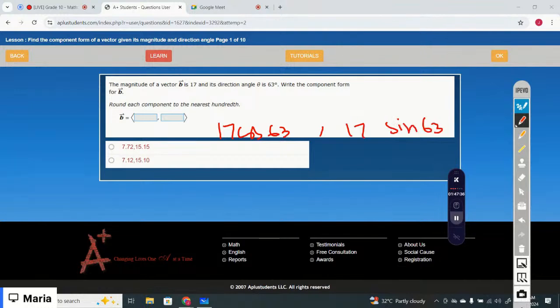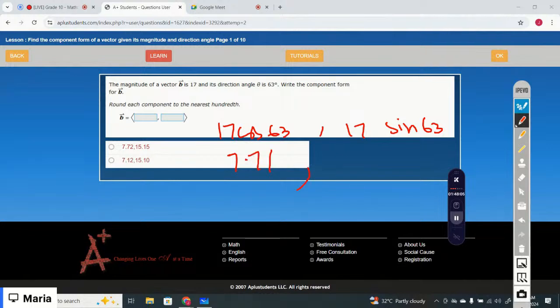So let me just use the calculator and calculate the value. First you have to find the cos 63, then you have to multiply it by the 17. That is 7.71.